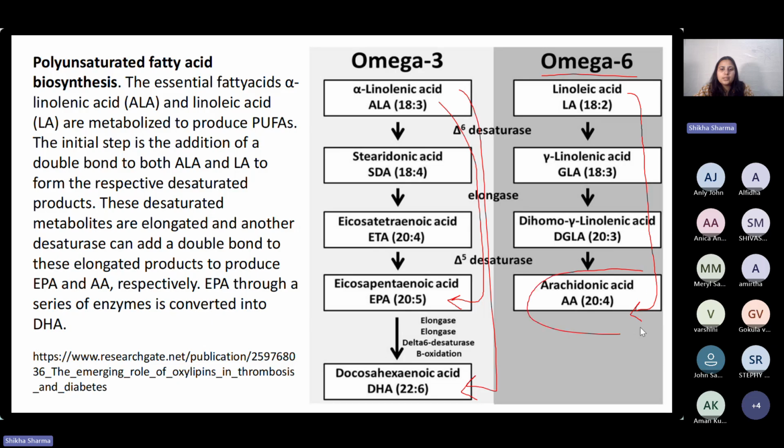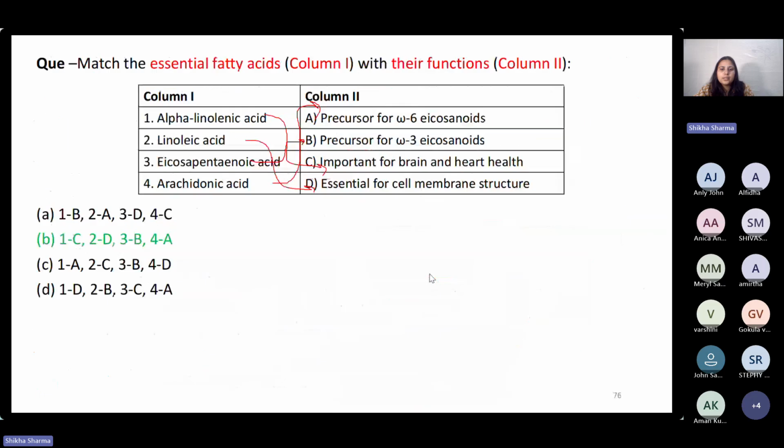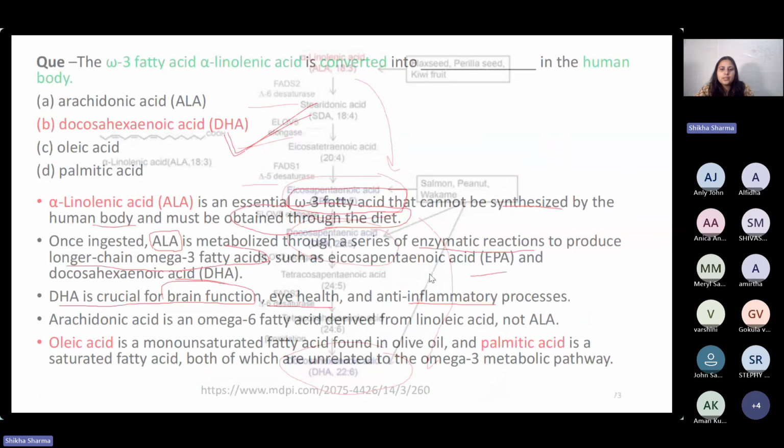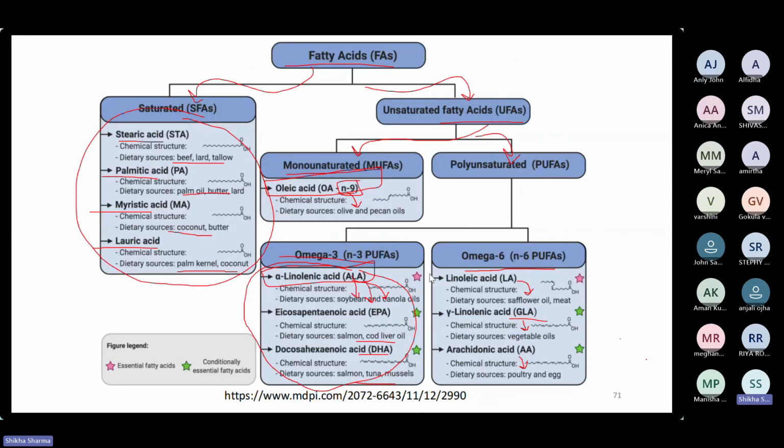So this AA, DHA, and EPA can be classified in this table as the conditionally essential fatty acids. So they are essential, but they can be produced in the body with the help of essential fatty acids.